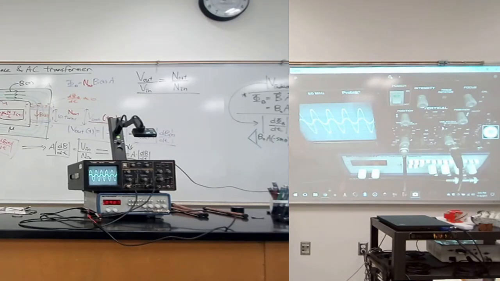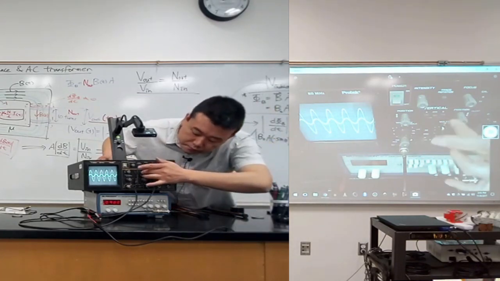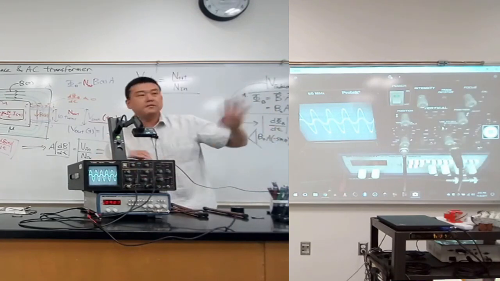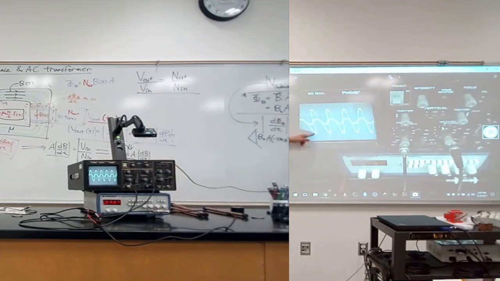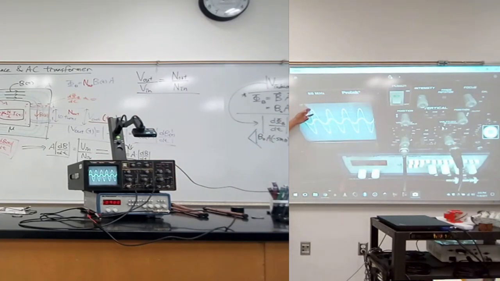Wait, is that channel A? No, that's channel B. No, that is channel A. Okay, yeah. Channel A produces 1 volt peak to peak, 0.2 times 5 divisions. And channel B produces about 1 division, so 0.2 volts peak to peak.